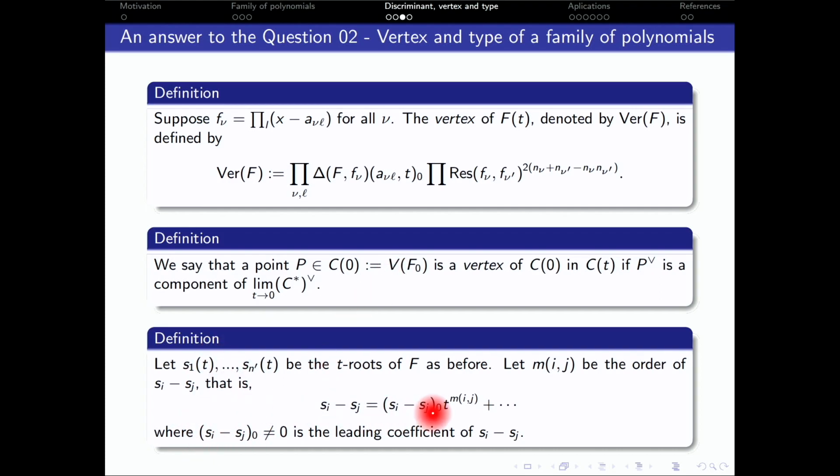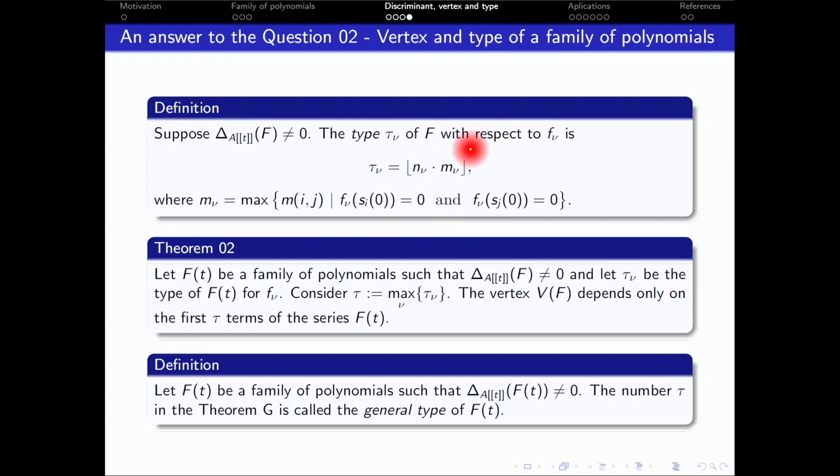We start by taking the t roots of f and consider this number, the order of this series here, and define the type of f with respect to this component as the floor function of the exponent of f times this number here.